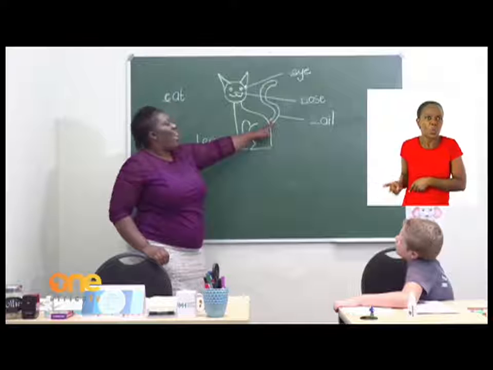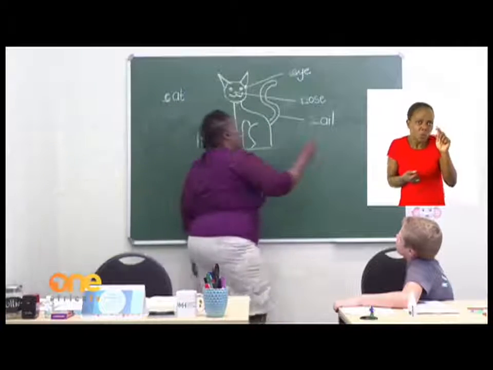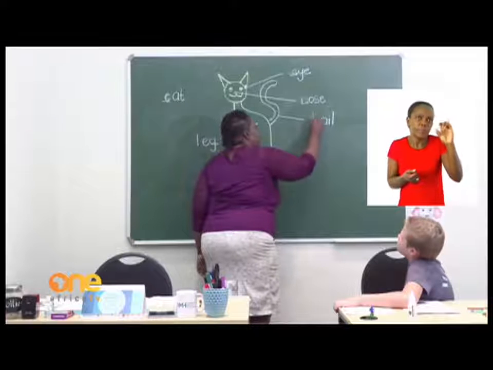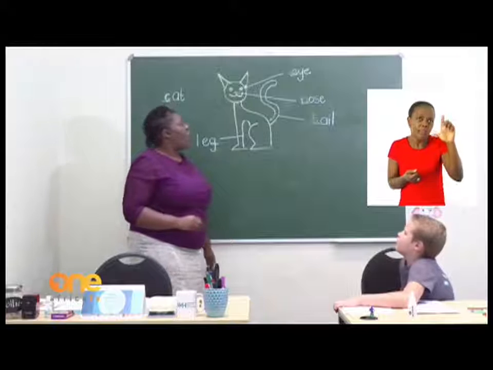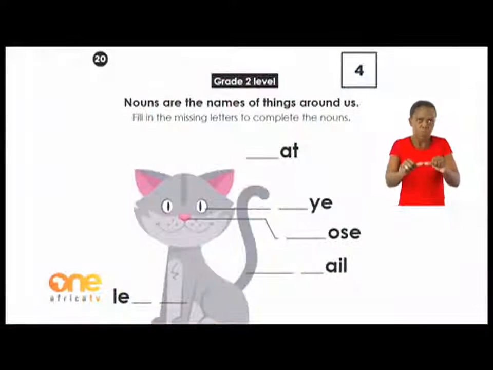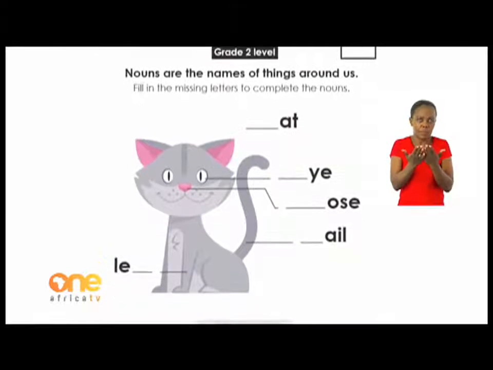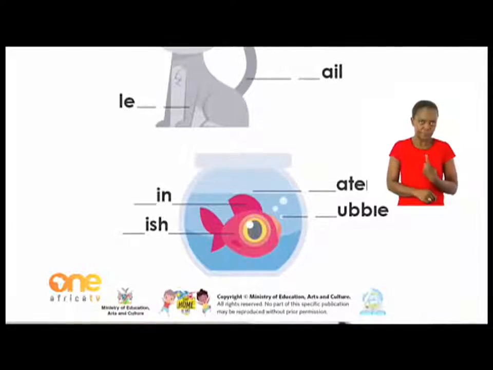What is this? A tail. What letter am I going to write? T. A T for tail. Well done. I want you to complete this in your books. The other picture of the fish in a bowl, you do it by yourself.